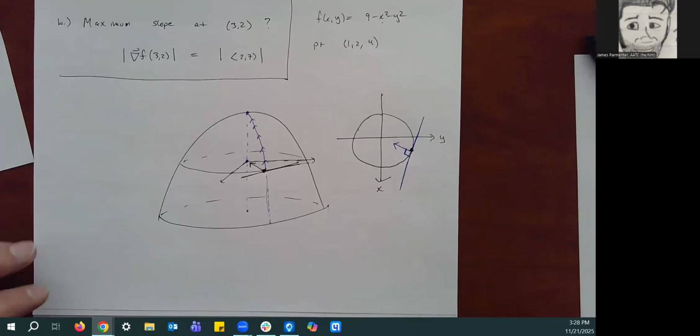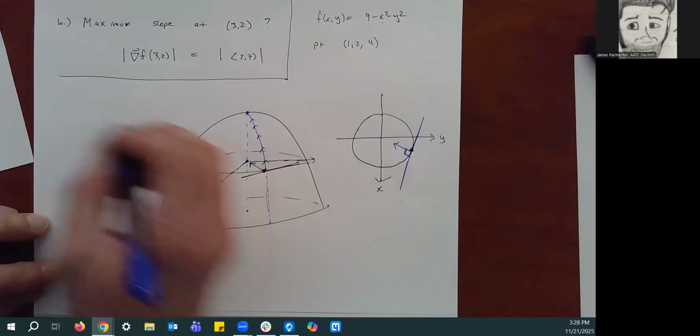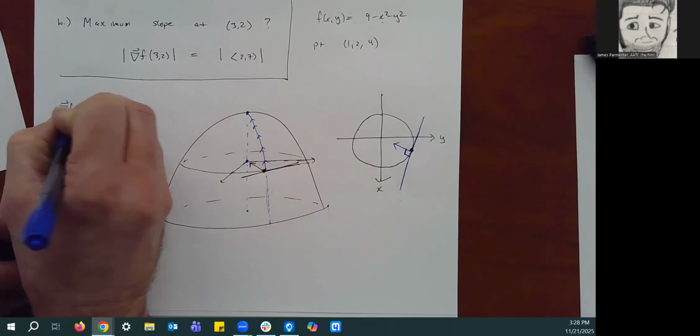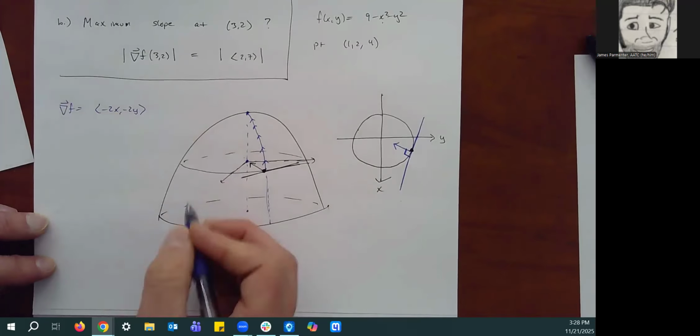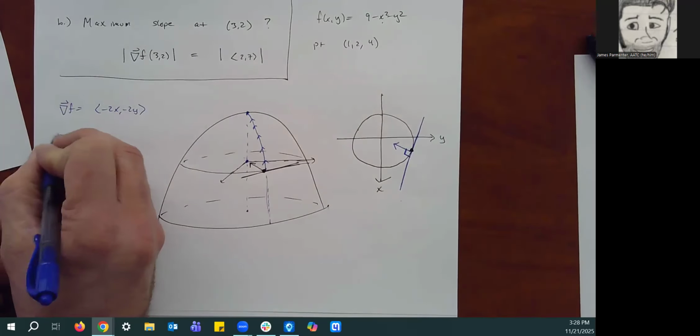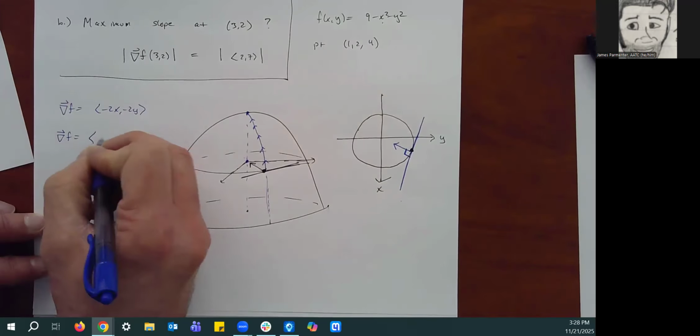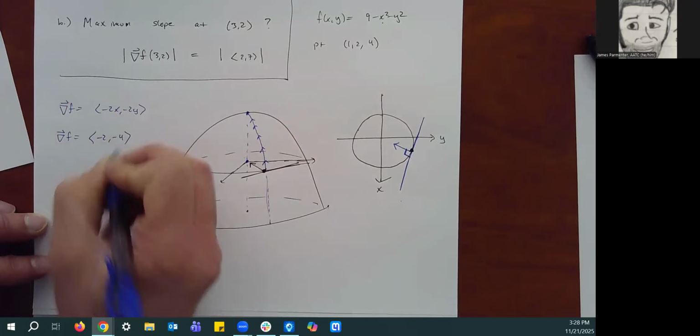So let's see what we get. In this situation, my gradient of f is just negative 2x comma negative 2y. And at that point, my gradient vector is going to be negative 2 comma negative 4.